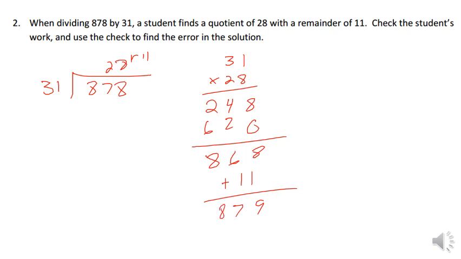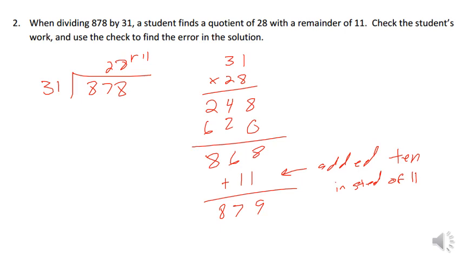So I would say that the error the student made was that they added 10 instead of 11. Or it's probably going to be a regrouping error.